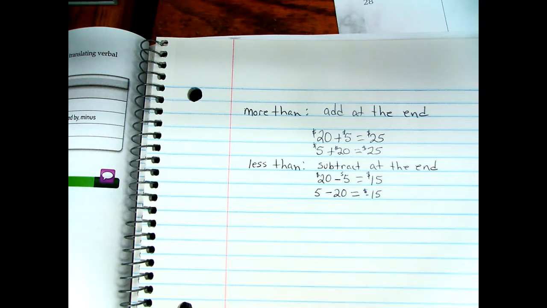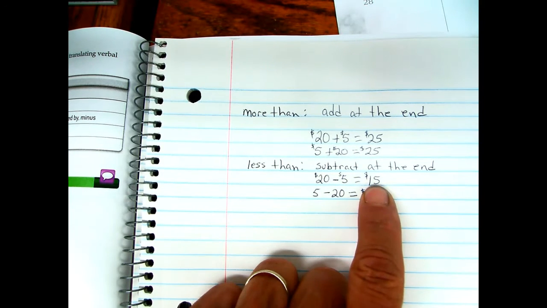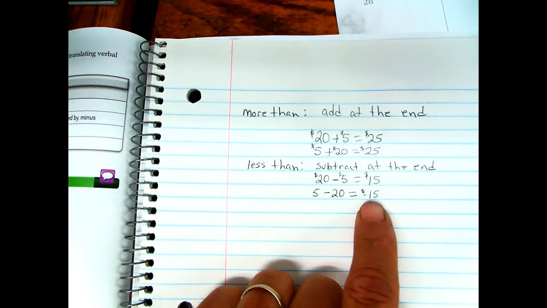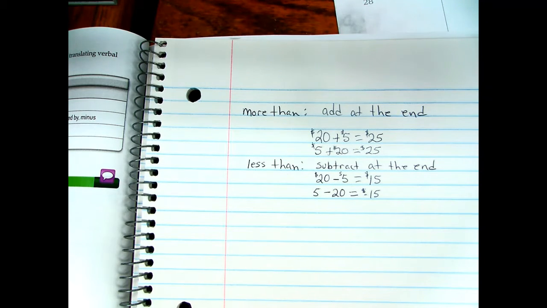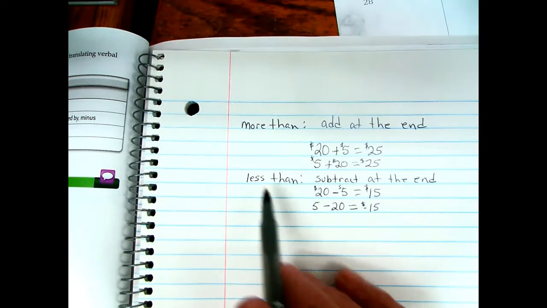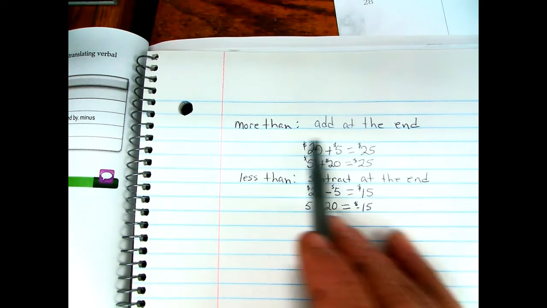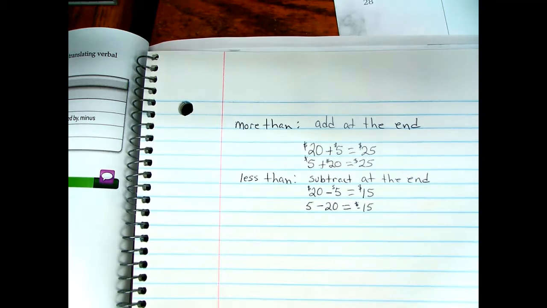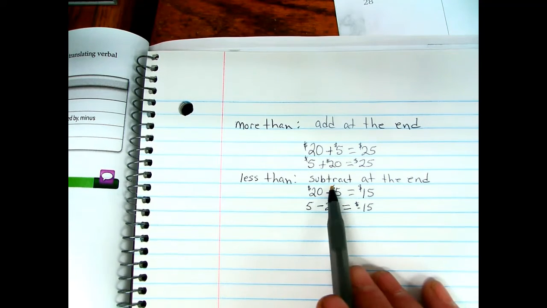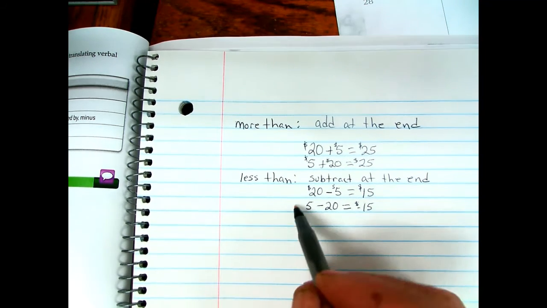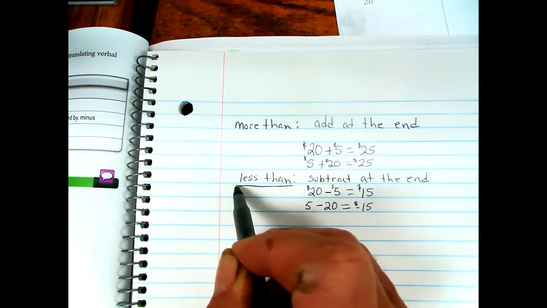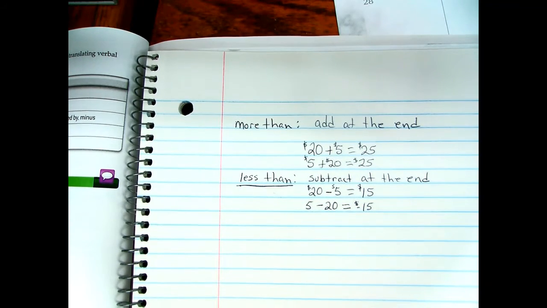Instead of getting $15 as a result, we would get negative $15. That's a difference of $30 from where you're supposed to be. I just want to point that out. More than means you should add at the end. Less than, subtract at the end. This is the more strict of the two.